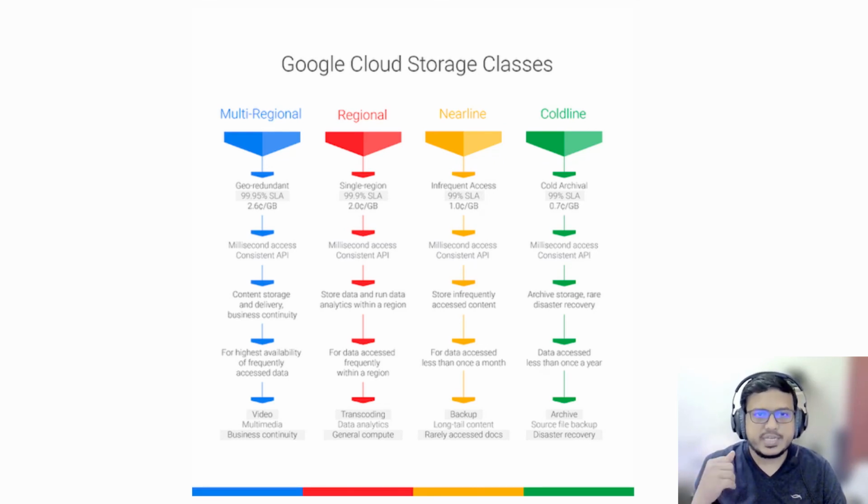If you need individual object permissions, it's better to use ACLs, access control lists. So you can use a combination of both of these to have an efficient and secure set of permissions for your Google Cloud Storage components.